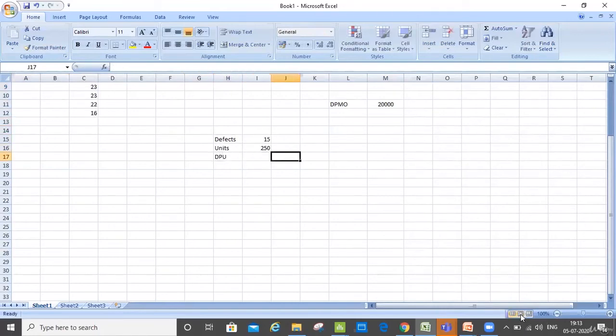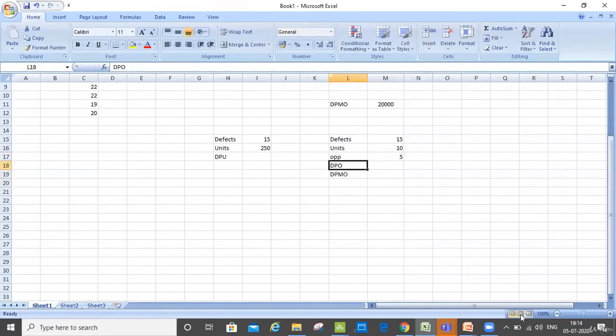Calculate DPU. And another scenario: defects are 15, units are 10, opportunities are 5. So here calculate DPO and DPMO.